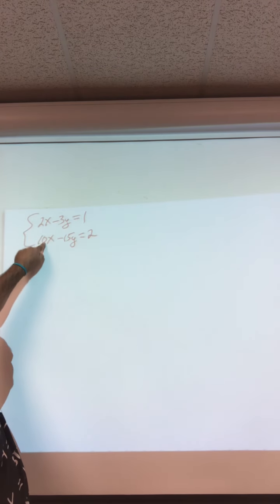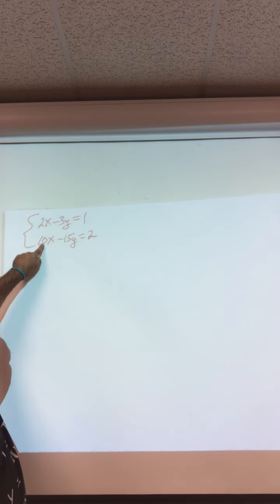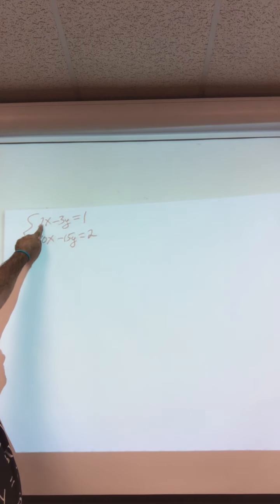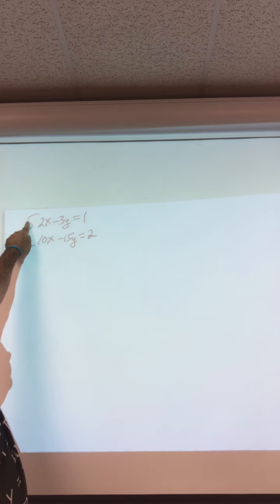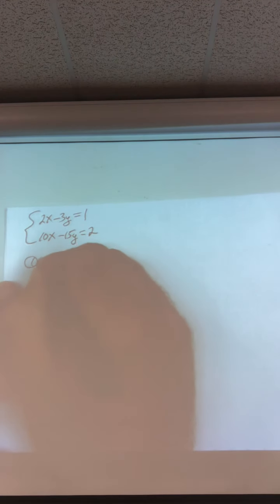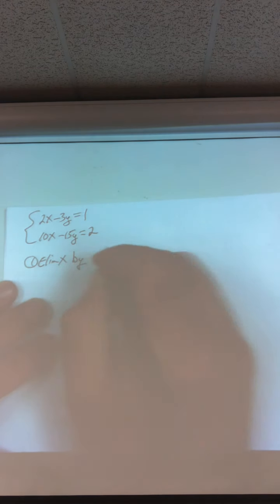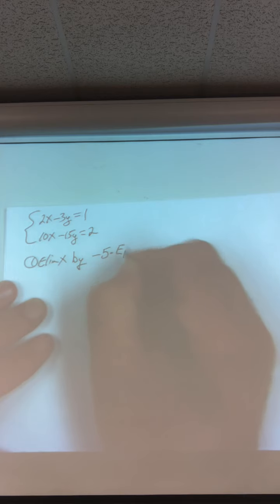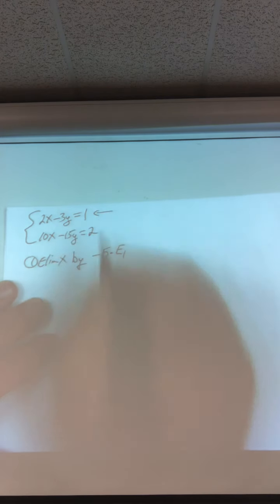All right, so I'm going to eliminate the x's. I need this to be a 10, this to be a 10. What do I have to multiply by to get that to be a 10? 5. But I need it to be negative 10, so I'm going to eliminate x by taking negative 5 times E1. This is E1 right there.